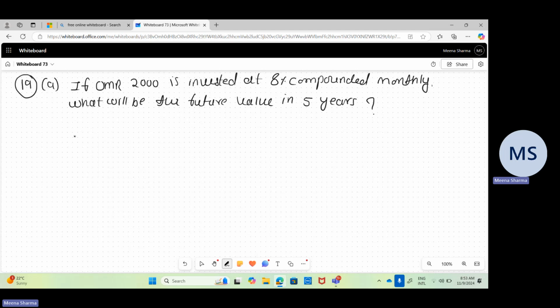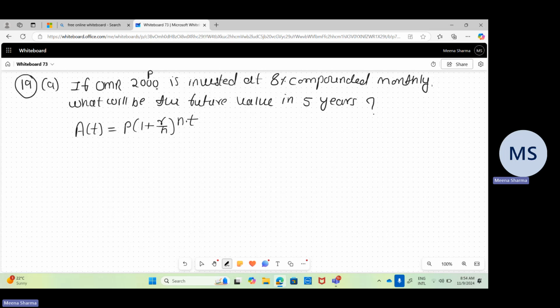So that you are going to find here. We have a formula already, which is AT equal to P(1 plus R upon N) whole power N multiply T. In this question, P is not the compounded amount, this is the principal amount.